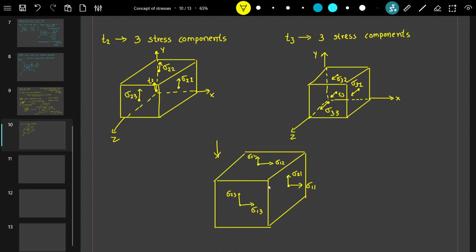Similarly, due to T3, sigma 3 1, sigma 3 2, sigma 3 3. So this is how we get stress components at a point. This is called stress at a point. It is also called stress state.